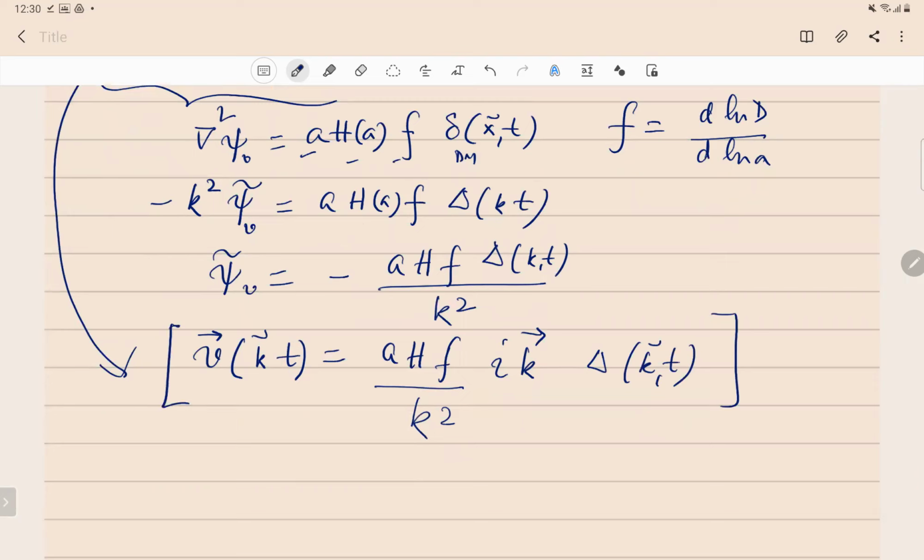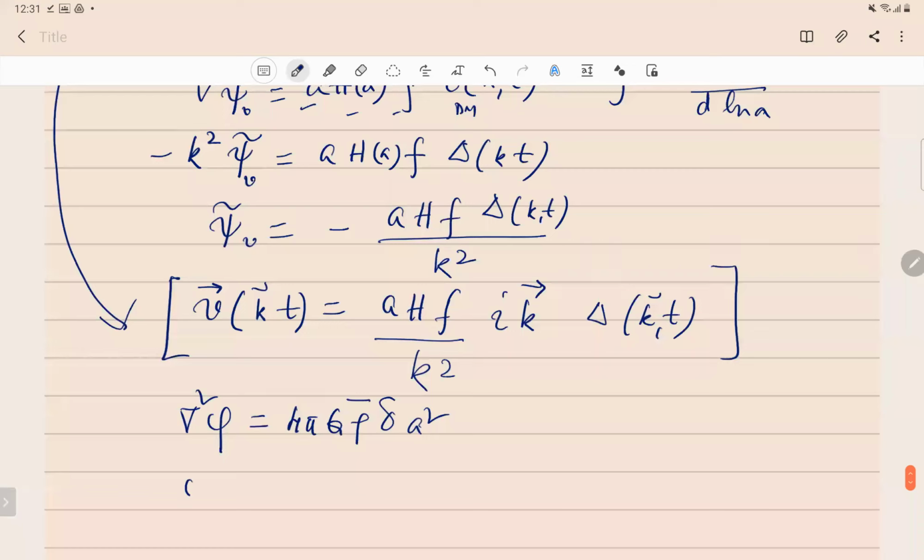These results are very useful, as you will see later. And in the same way, you can take the Fourier transform of the gravitational potential. If you remember, del square phi was 4 pi G rho bar delta a square.